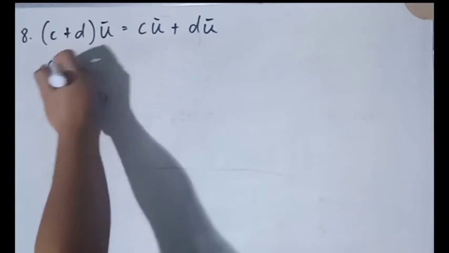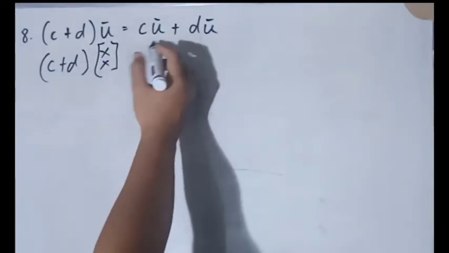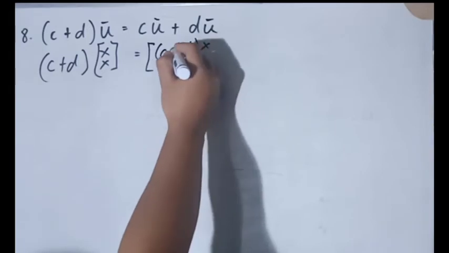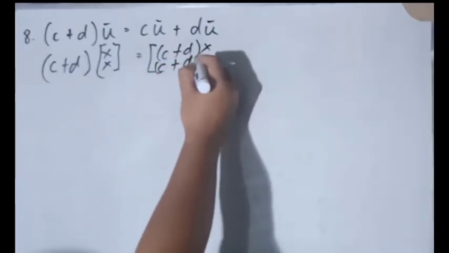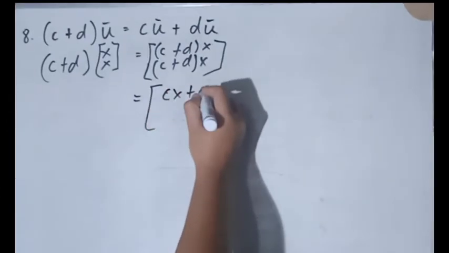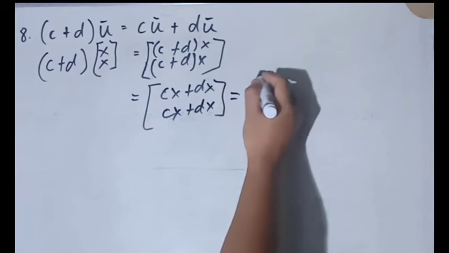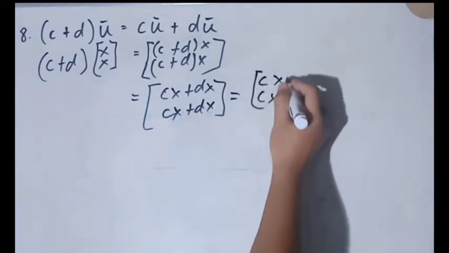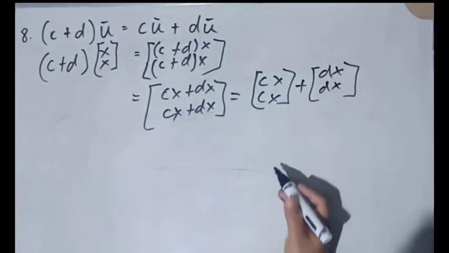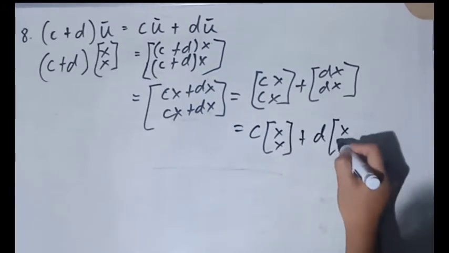So this is also the same as (c plus d) multiplied to (x, x), and this is equal to ((c plus d)x, (c plus d)x), which is also the same as (cx plus dx, cx plus dx), and that is equal to (cx, cx) plus (dx, dx), which is also equal to c(x, x) plus d(x, x).